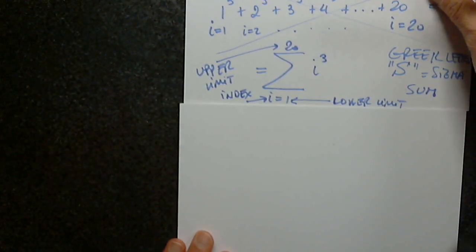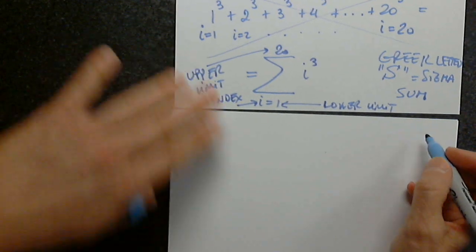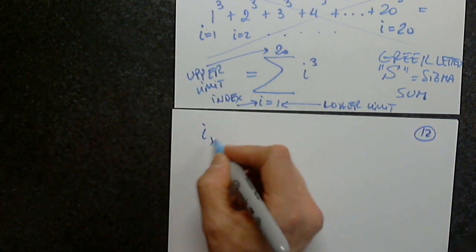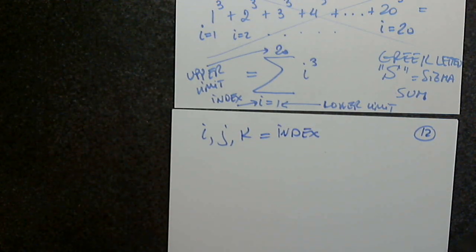The index, normally you're going to find it as I, K, or J. Any letter works fine. But we normally write I or J or K for index. I've rarely seen it in A, B, or C, or D, or G. So these are the usual letters used for the index.